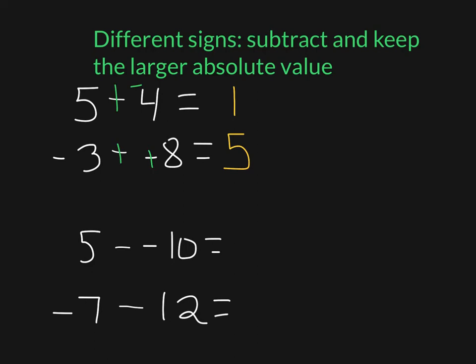Then down for my next example, 5 minus negative 10. Again, keep, change, or add the opposite. And as we learned with adding, when they are the same sign, you add and keep the same sign.